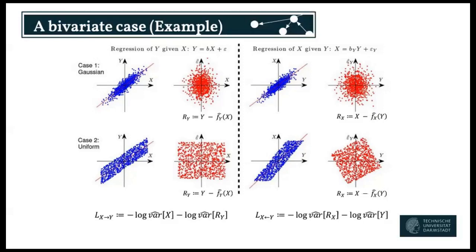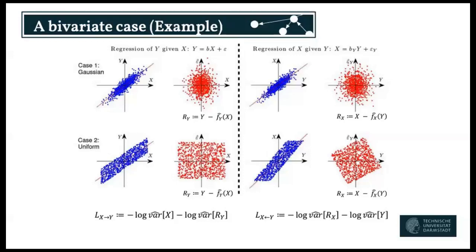And as you can see in the Gaussian case, you can also fit a model y to x, and this graph here shows you the residuals and the covariates. So in this case it's x, and in this case it's y, and you see that in both cases the variables are independent of each other.